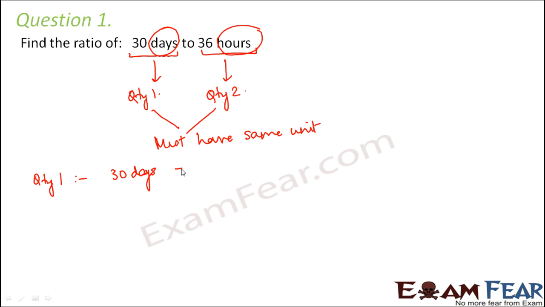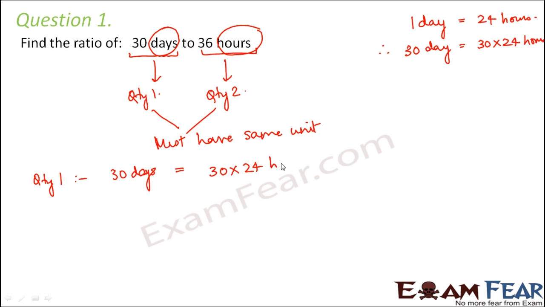Now 1 day is equal to 24 hours. Therefore, 30 days would be equal to 30 into 24 hours. This is equal to 720 hours.